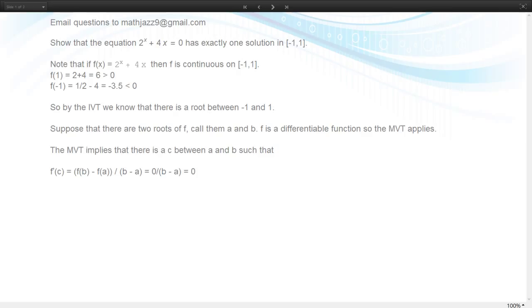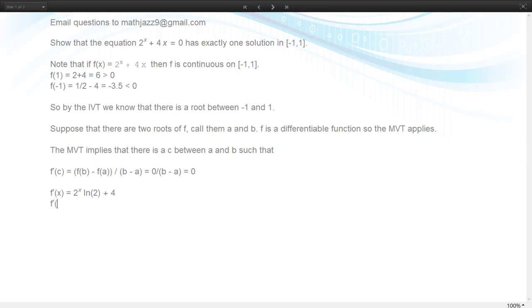Now we'll take the derivative of our function. We get 2 raised to the x times the natural log of 2 plus 4. So this is f prime of x is equal to this. And we suppose that this is supposed to equal 0 somewhere between negative 1 and 1.